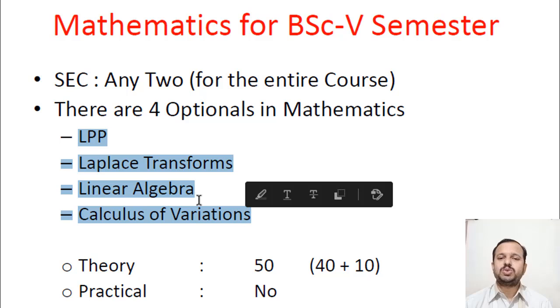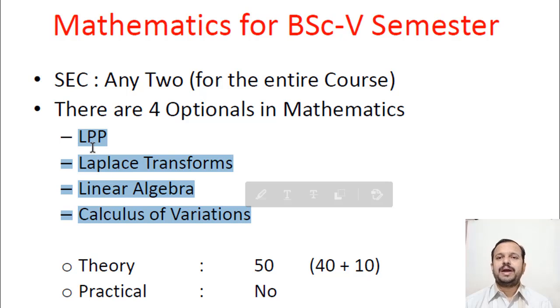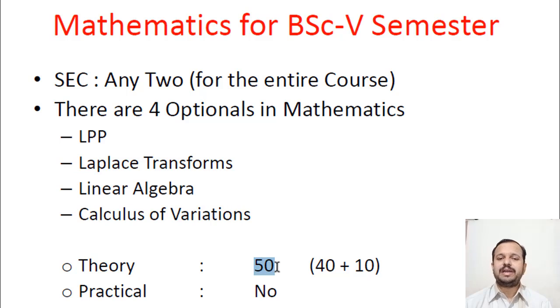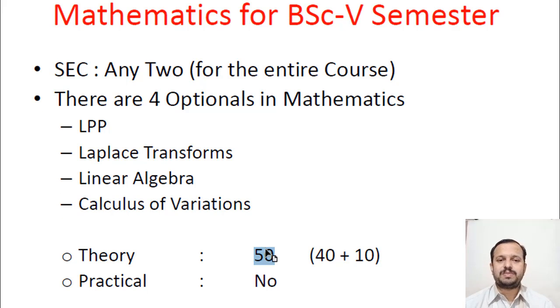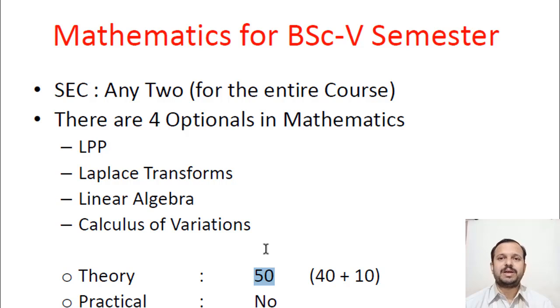You will be choosing 2 SECs, each examination for 50 marks, and that will have 100 marks of SEC, and like that you will be having totally 550 marks in your BSc 5th semester. So this is how your syllabus has been prescribed by the Gulbarga University for your BSc 5th semester.